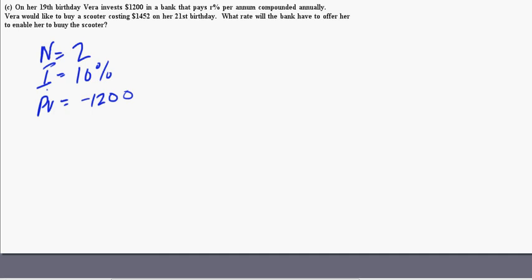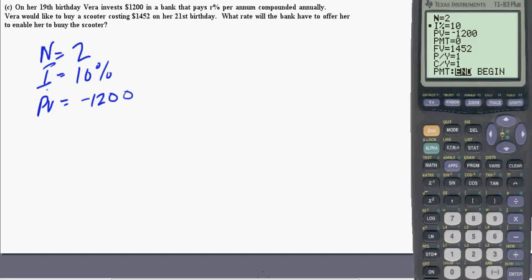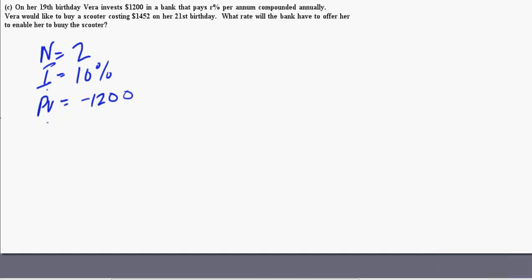Let's see, what else do we have? I wish it would stay up. And then payment is always going to be 0. And then the future value is what she wants, how much money she wants, 1452. And then payments yearly, which is just 1, and compounded yearly.